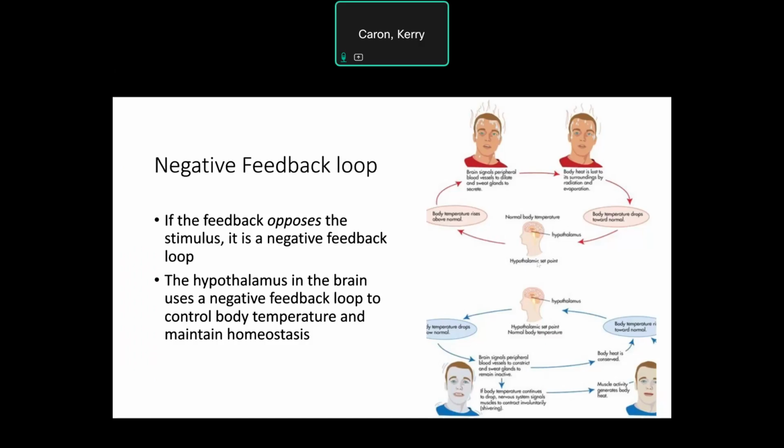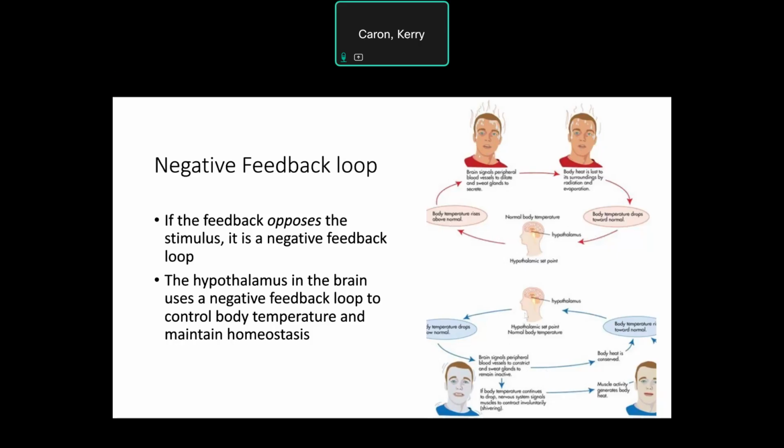You are walking around and your body temperature is normal. Then all of a sudden you go outside in August in Georgia and it's hot. Your brain tells the peripheral blood vessels to dilate and you start to sweat. This is your body's way of saying, I don't want to get too hot. Body heat starts to get lost through evaporation of the sweat, it starts to cool you off, and then your body temperature becomes back to normal, and there you are.